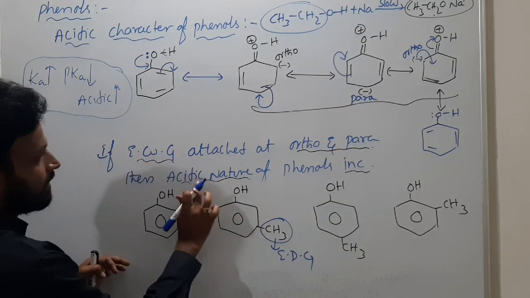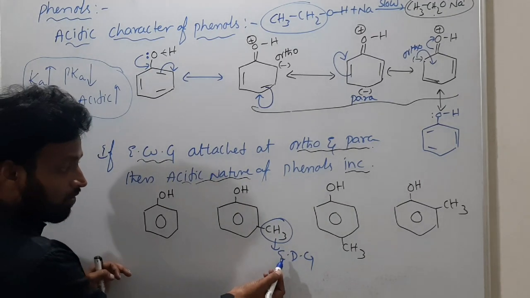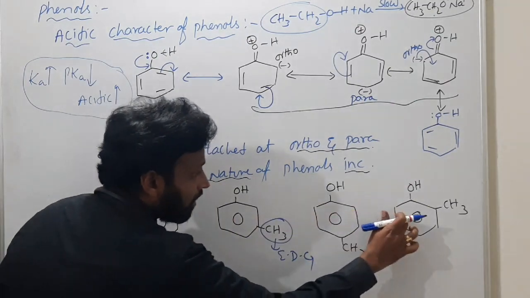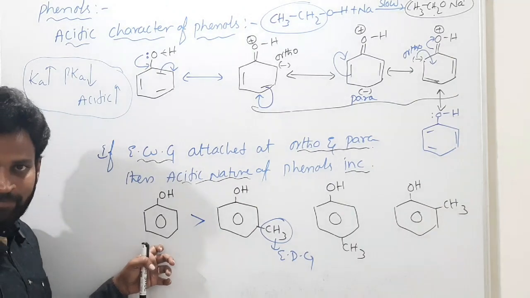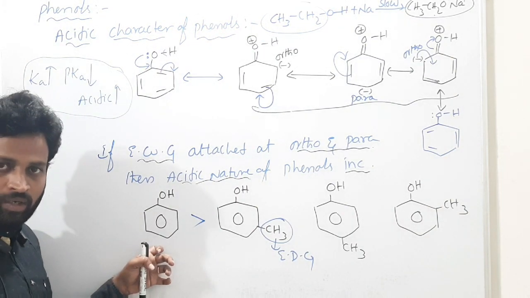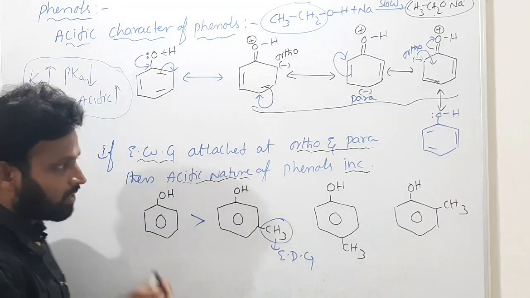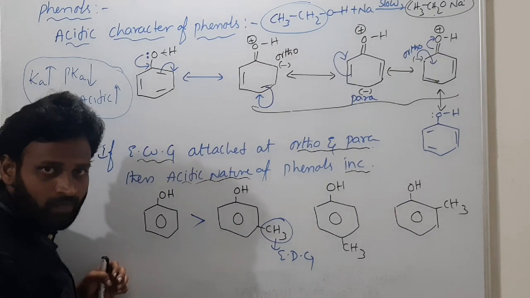If an electron withdrawing group is there, the acidic character is more. But if an electron donating group is there, then all these 3 are less acidic even than phenol. Here phenol is more acidic. Why? Withdrawing groups increase acidic character because they withdraw electrons so that H plus can move.